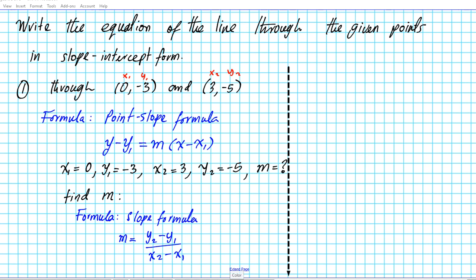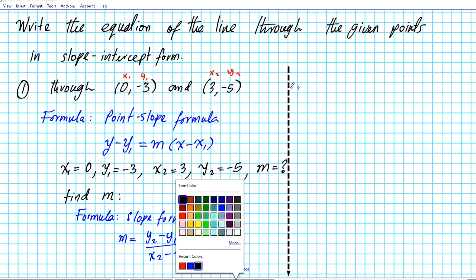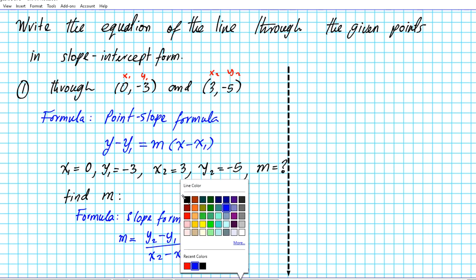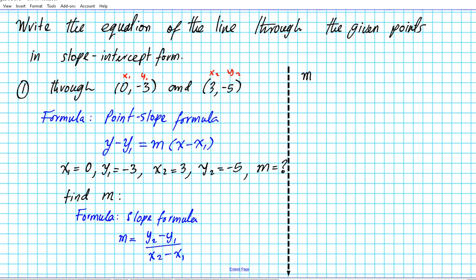Let's go ahead and use this slope formula to find the slope, m. M is y2, which is negative 5, minus y1, minus negative 3, divided by x2, which is 3, minus x1, which is 0.